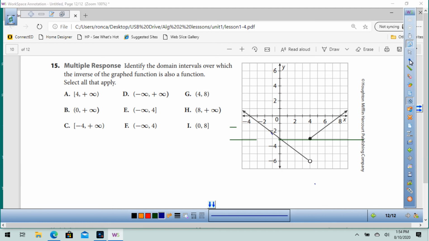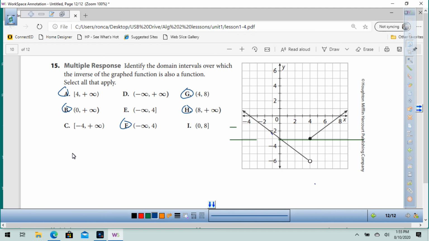Well, according to the book, A, B, F, G, and H are, but that is not true, because you're going to have to get below -3, because everything above this, so the book is actually incorrect.